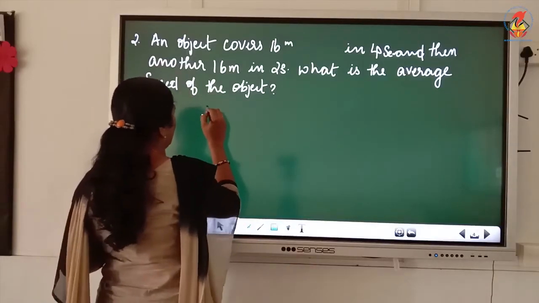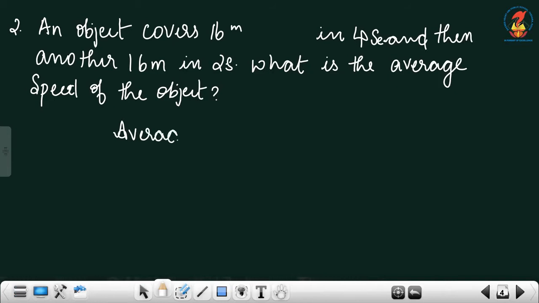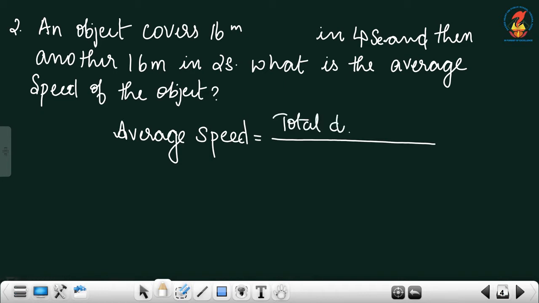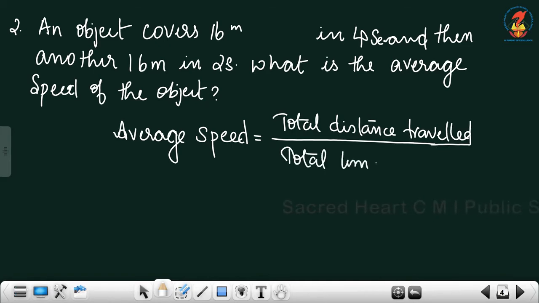Average speed equal to total distance traveled divided by total time taken. Now, what's the total distance traveled?